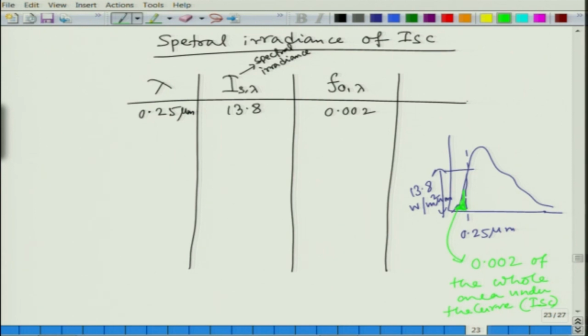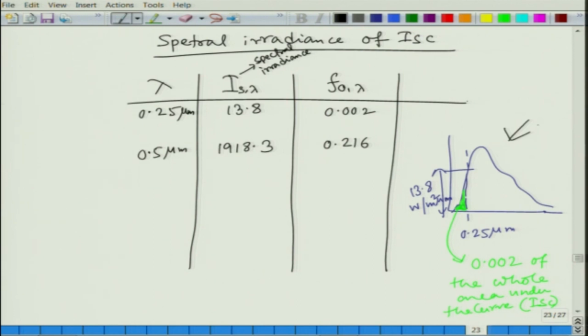Okay. So, that is how we designate the solar spectrum, and let us look at few other values, maybe at 0.5 micrometer we have the intensity 1918.3, and the FO lambda would be 0.216. Okay. Similarly, just like this figure, you can find out what it means. Okay.